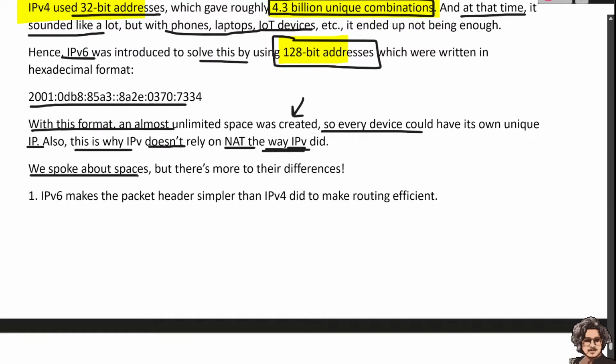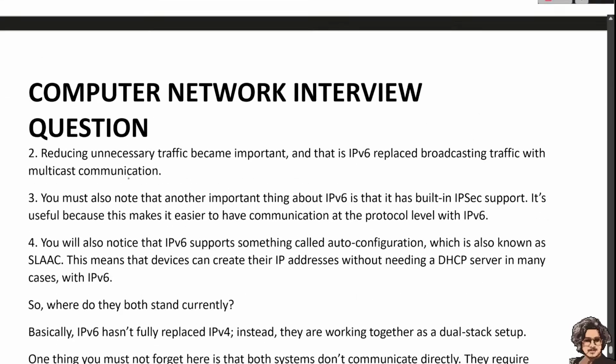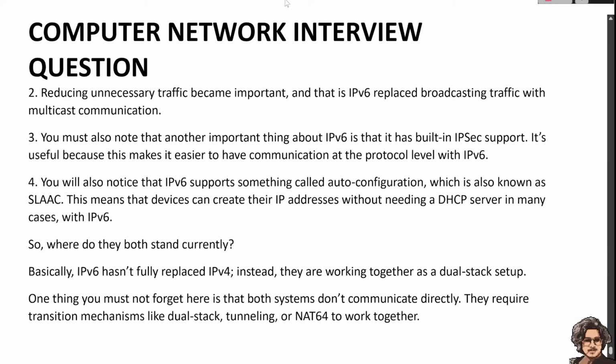So we spoke about address space, but there is more to their differences. IPv6 makes the packet header simpler than IPv4, making routing efficient and reducing unnecessary traffic. IPv6 replaces broadcast traffic with multicast communication.